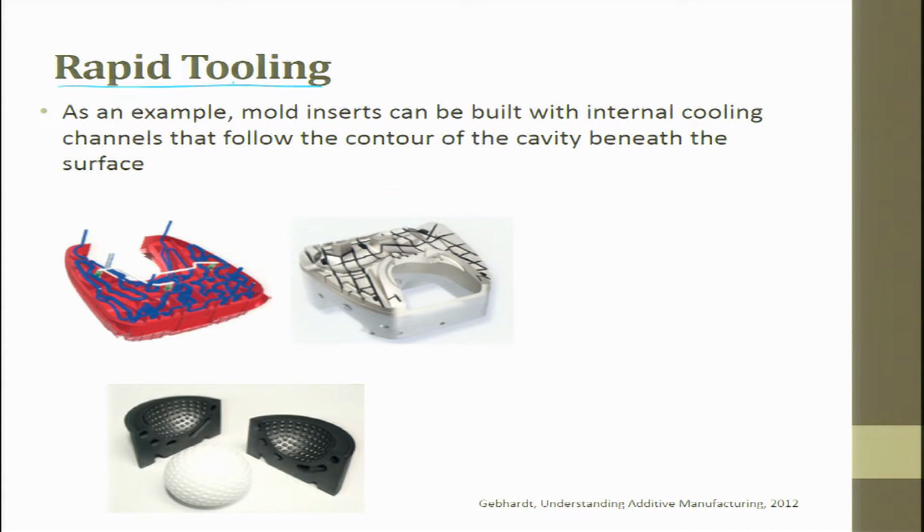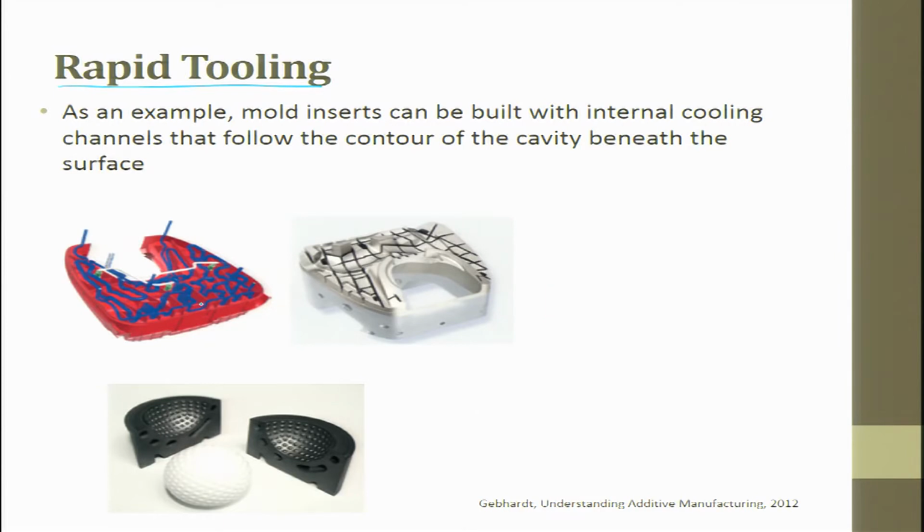So, a tool. Here the example we are talking about is a die, where generally when you try to make dies, if it is a complex geometry with stringent control over the form, fit, strength, then we always look for better cooling channels.